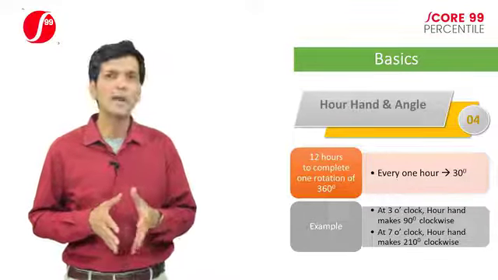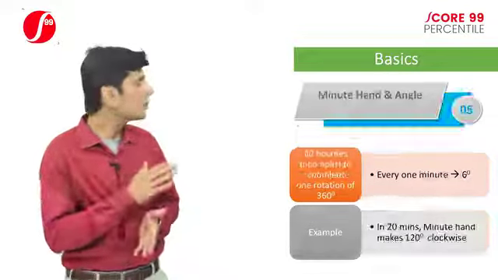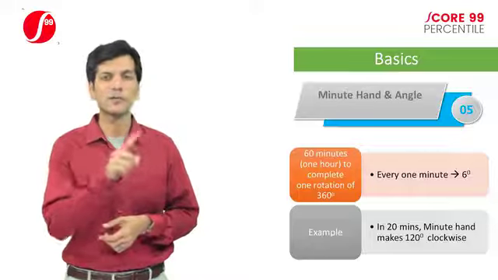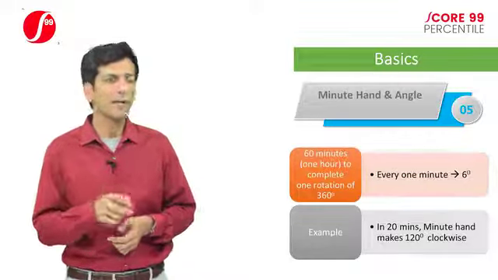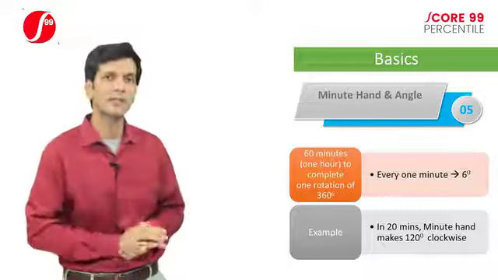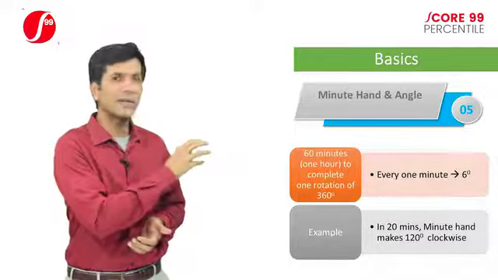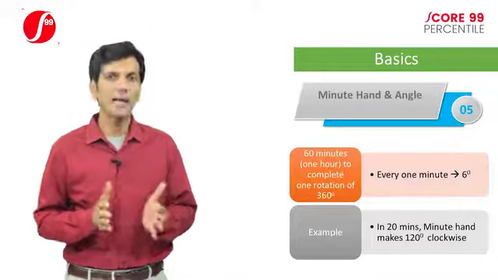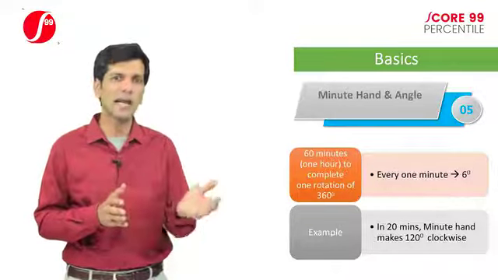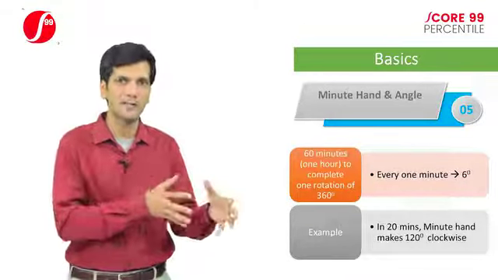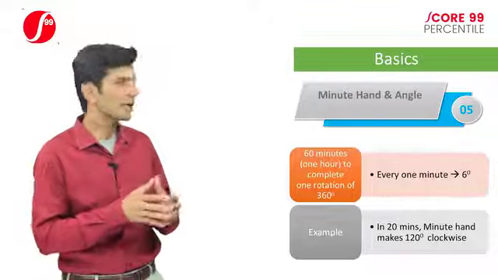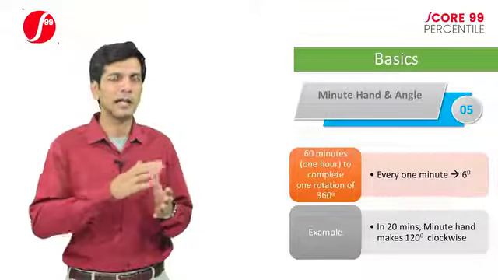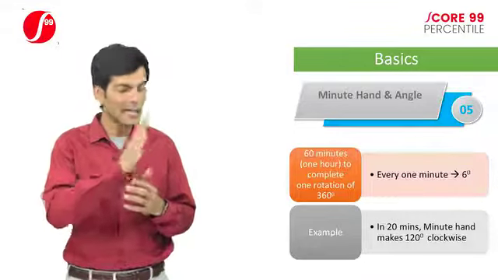Let's see how this works for the minute hand. The minute hand completes one cycle or one rotation of 360 degrees every 1 hour, which means in 60 minutes it has completed 360 degrees. So every minute it is covering 6 degrees. If you are looking at what is the angle made by the minute hand after certain minutes, let's say 20 minutes, what is the angle that the minute hand has moved by?